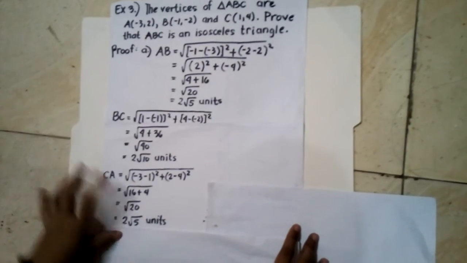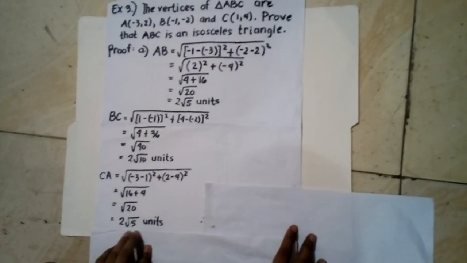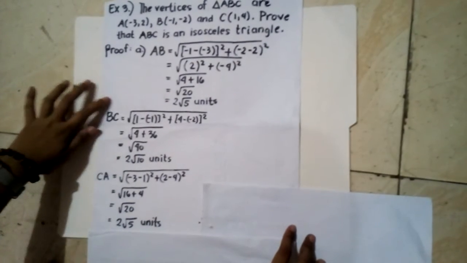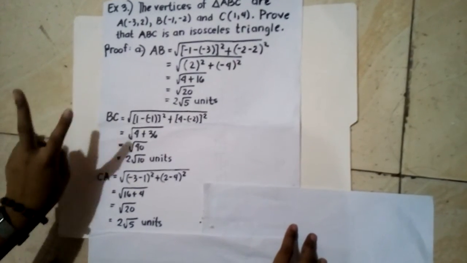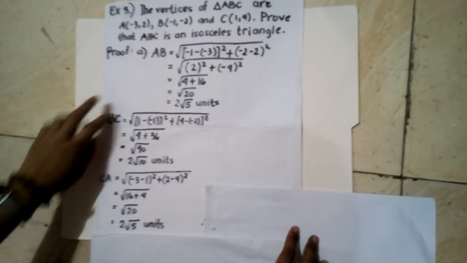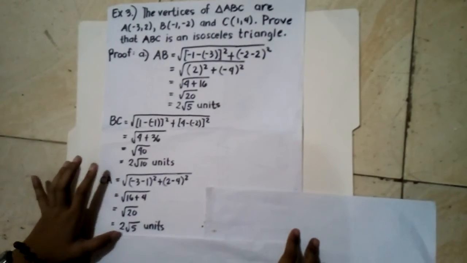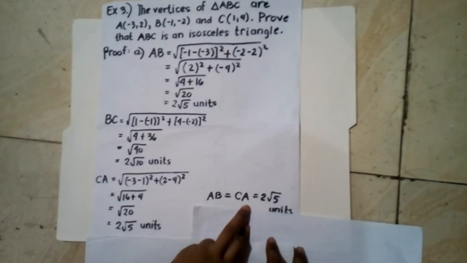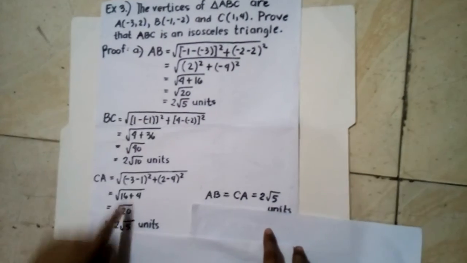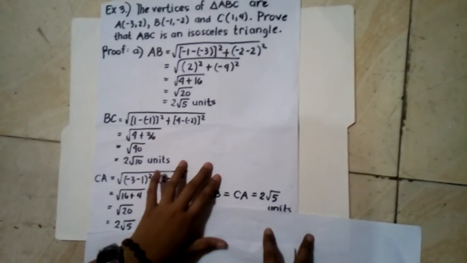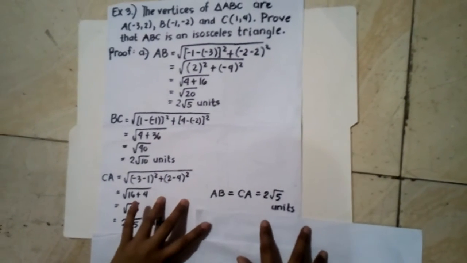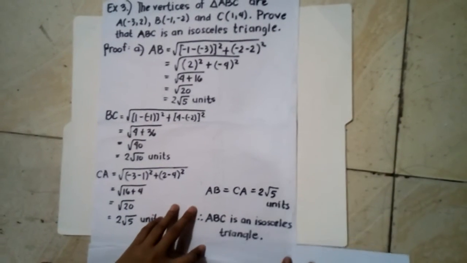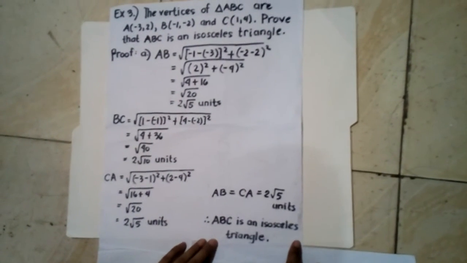So our side CA is equal to 2 square root of 5 units. As you can observe, we now have two equal sides, AB and CA. Therefore, AB is equal to CA, which is equal to 2 square root of 5 units. So we can say that our triangle ABC is an isosceles triangle.